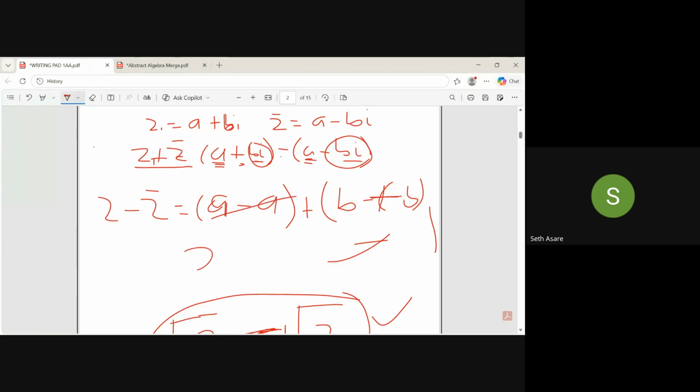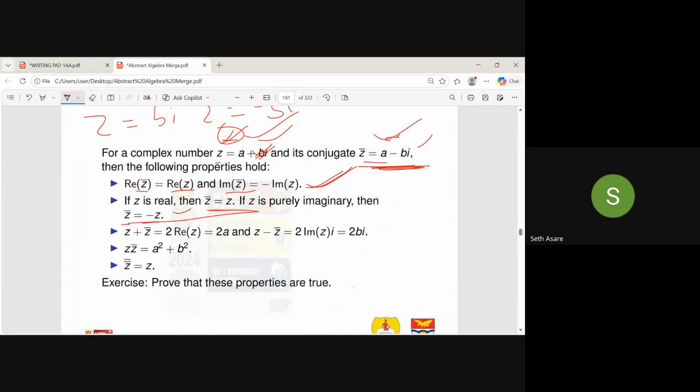So I have also 2B. It's not BI, it will be 2BI. That is what we are talking about. Is it clear? Yes, sir.